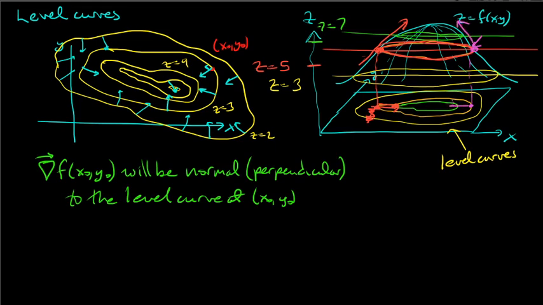So the gradient would point this way. Okay, so these are the gradients down here. These vectors here are not gradients, not in this case. The gradients are the vectors in the xy plane.